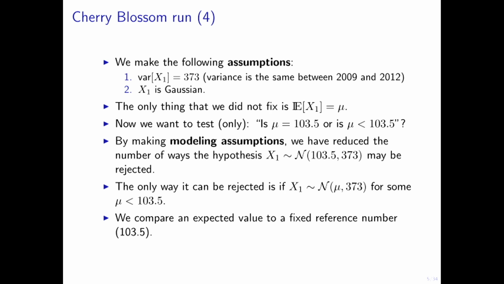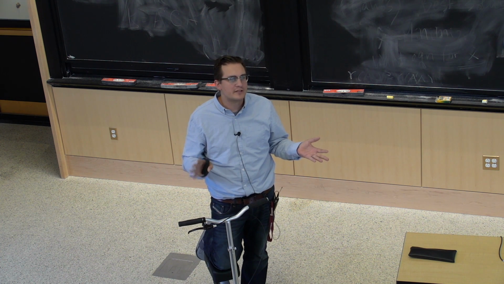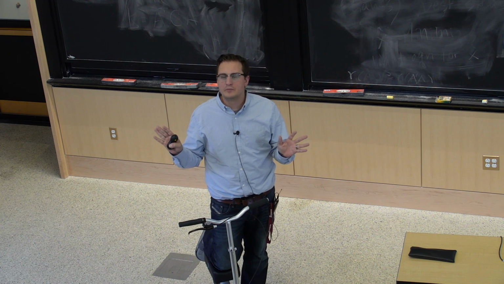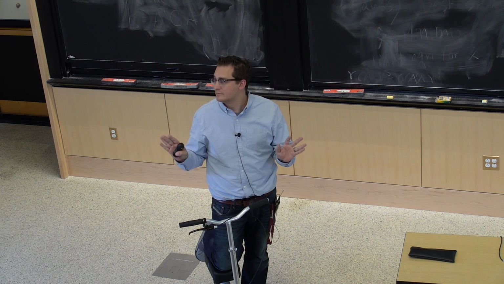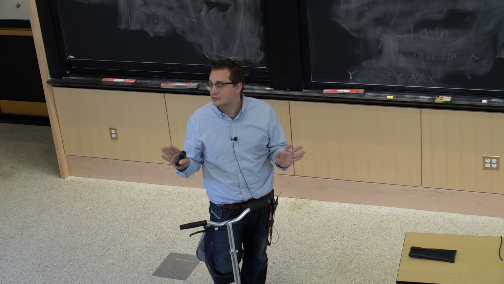The number of possible alternative realities for this hypothesis. For example, I'm saying there's no way mu can be larger than 103.5. I've already factored that in. It could be, but if it's larger, all I'm going to be able to tell you is that it's not smaller. I'm not going to be able to tell you that it's actually larger.